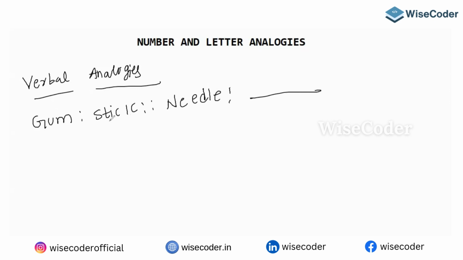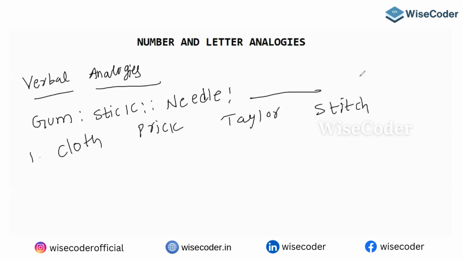Needle is used to what? Stitch. He'll give options. First option, cloth. Second option, prick. Third option, tailor. Fourth option, stitch. Okay, stitch.